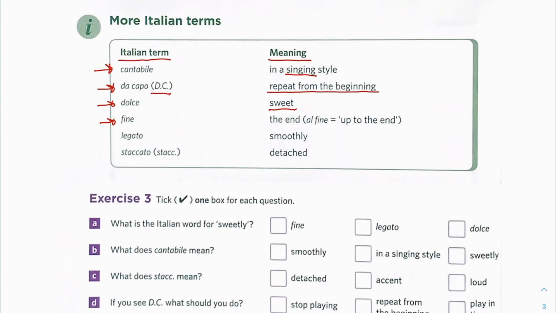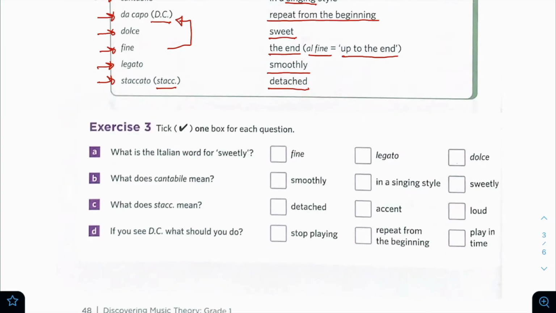Fine means the end. Al fine means up to the end. And they always go with da capo, which means repeat from the beginning until you see the word fine. Legato means to play smoothly. Staccato, or abbreviation STACC dot, means to play in a detached way.